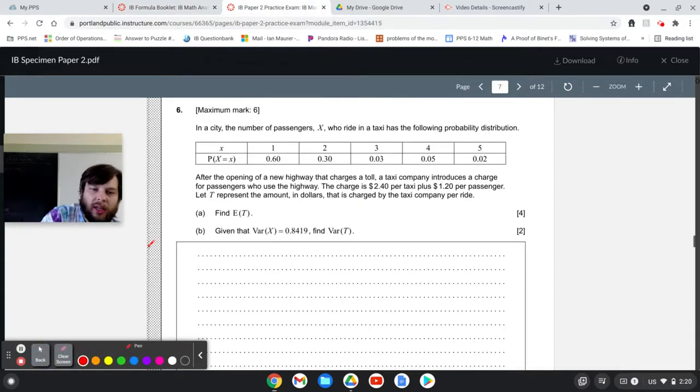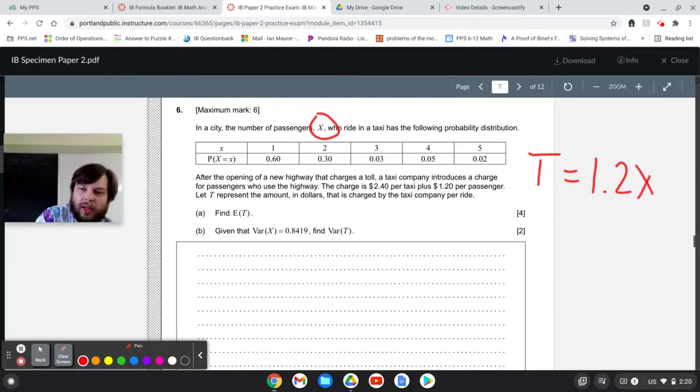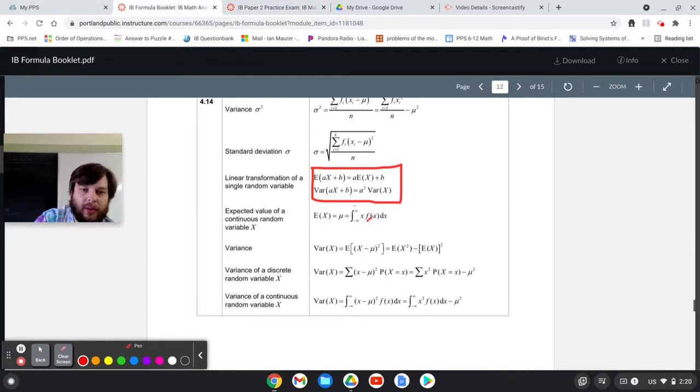E of t, first let's figure out what t is. Well, t is $2.40 per taxi plus $1.20 per passenger, and the letter x stands for passengers. So I can say that t is equal to 1.2x plus 2.4. And on the formula sheet, I saw that E of ax plus b equals a E of x plus b.